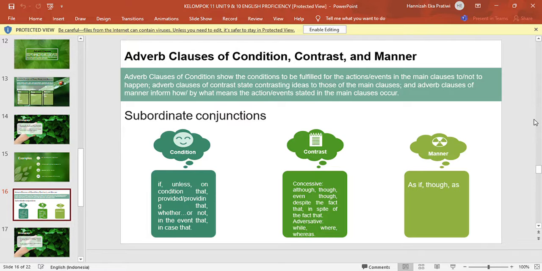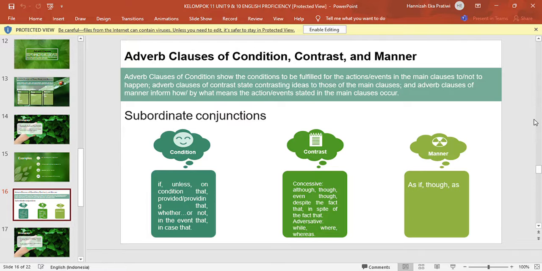Subordinate conjunctions. Condition includes if, unless, on condition that, provided or providing that, whether or not, in the event that, and in case that.